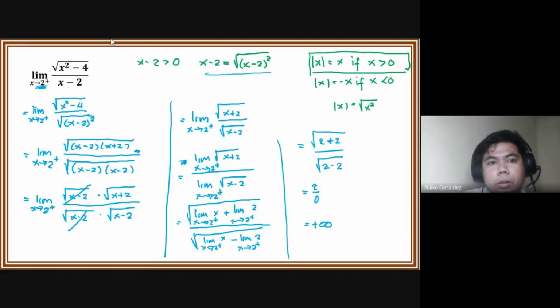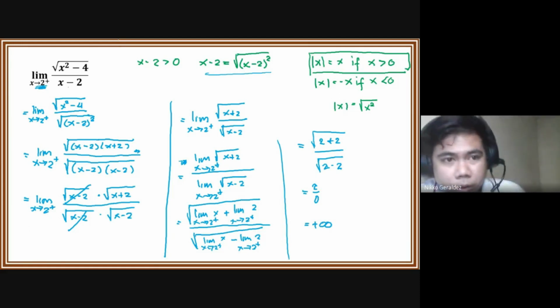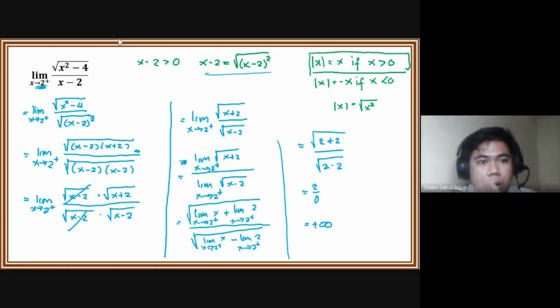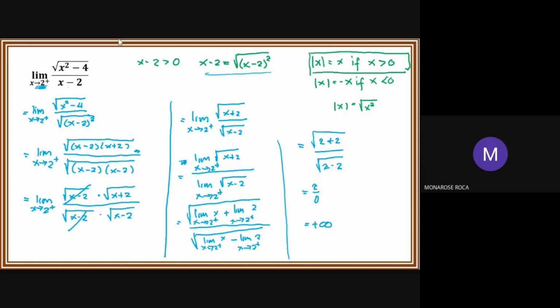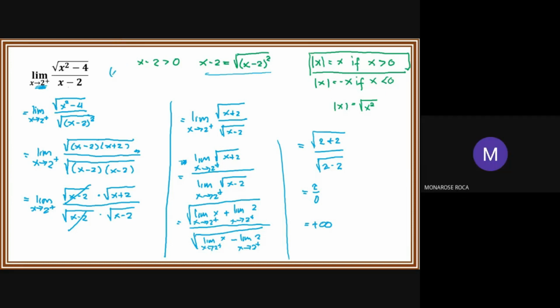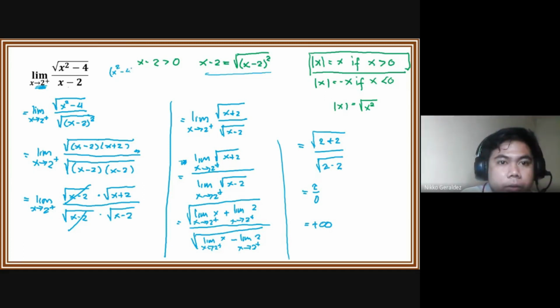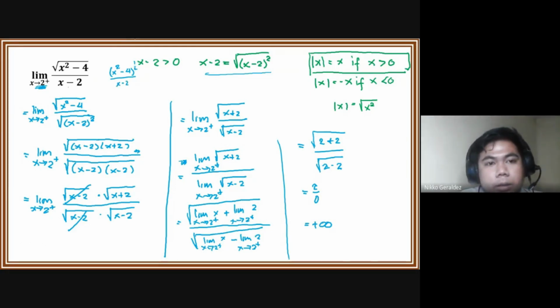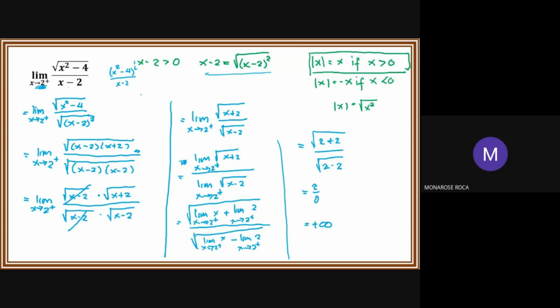Numerator? Ibig mong sabihin, x raised to 1/2, meron kang x squared minus 4 raised to 1/2, tapos x minus 2. Ganyan. Finactor out po yung isa. Yung numerator po.